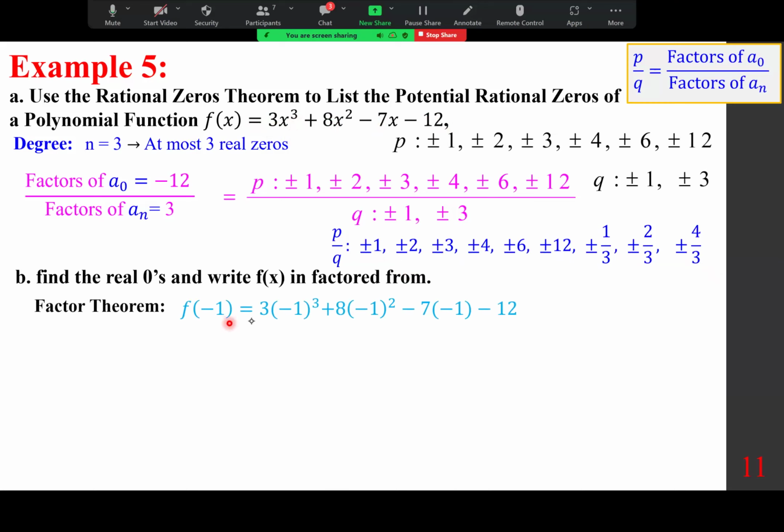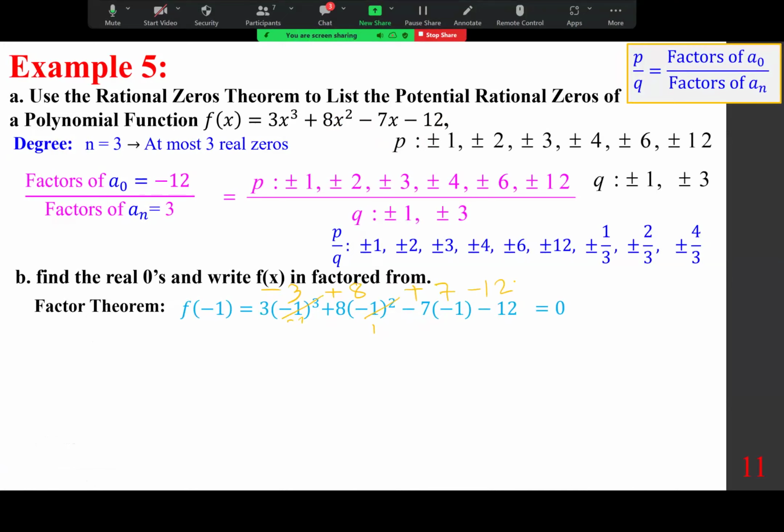When we plug in negative 1, we get 3 times negative 1 cubed, plus 8 times negative 1 squared, minus 7 times negative 1, minus 12. So this is negative 1, so we have minus 3. This is positive 1, we have plus 8. And this is plus 7. This is still minus 12. And I hope you see that they add up to 0.